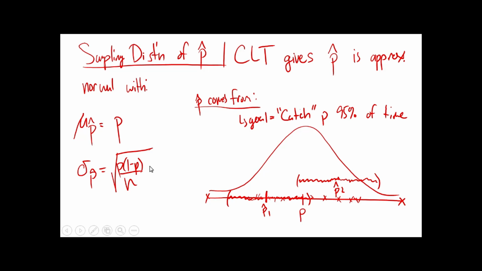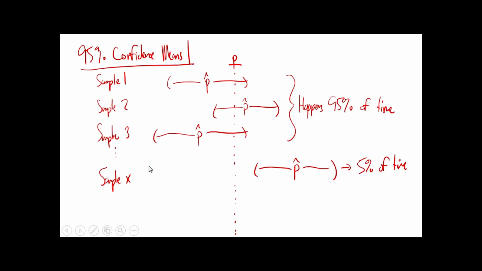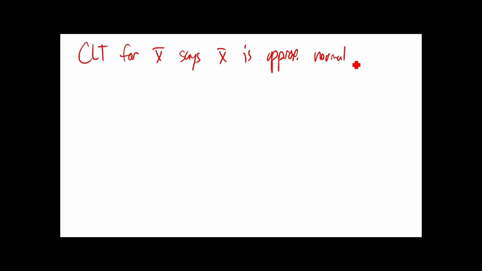Let's make that our interval. Well, the nice thing here is that for sample mean, the central limit theorem also applies. The central limit theorem says x bar is approximately normal, centered around the true mean, with standard deviation given by sigma over root n, right?